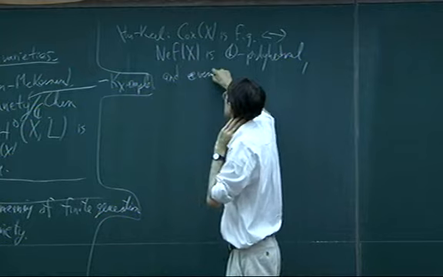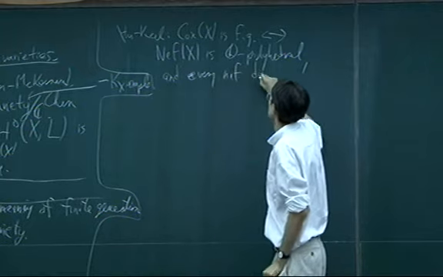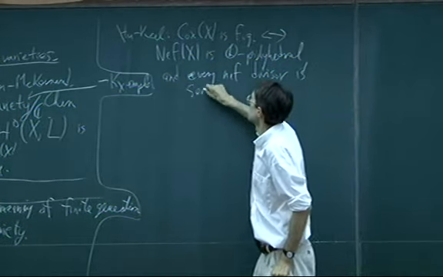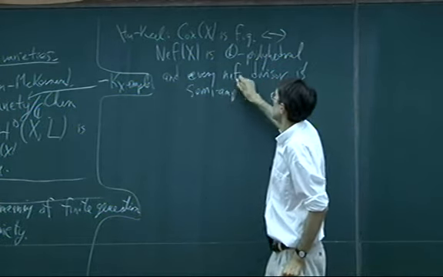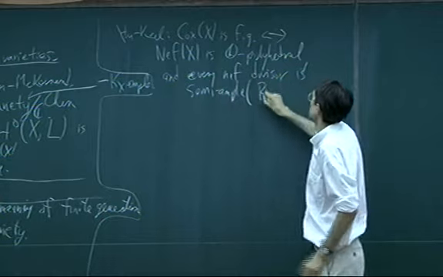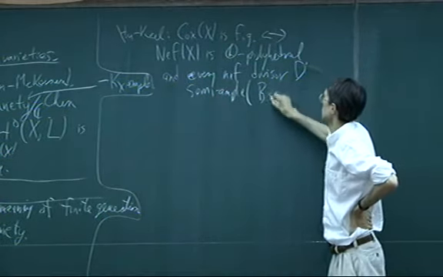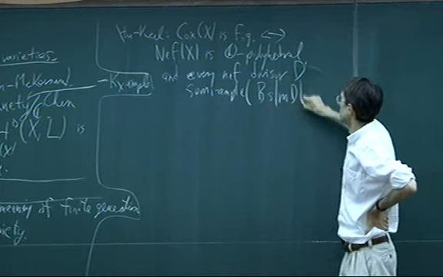So every nef divisor is semi-ample, meaning that the base locus of some high multiple of that is empty.